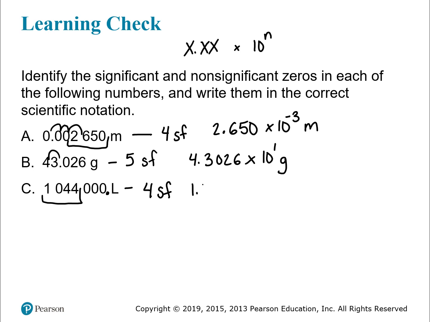We're going to make our coefficient and then figure out how many decimal places that is. 1, 2, 3, 4, 5, 6. And since this number is definitely bigger than 1, our n is going to be positive. And we don't forget our units. So there's significant and non-significant zeros, counting significant figures in a measurement, and writing scientific notation. All of those concepts wrapped into one question.